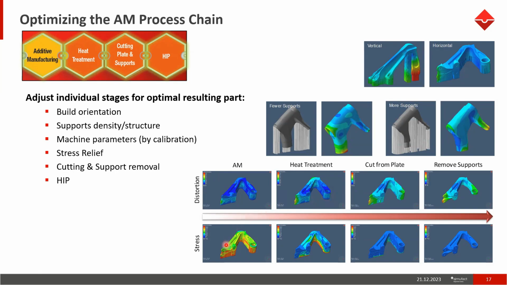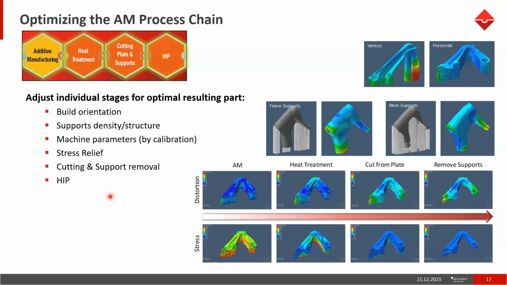Then, same as with distortion, they have shown it with respect to stress also. After heat treatment, you can see some residual stresses getting built in the part. If you don't remove the residual stresses, it can cause damage in the part when we are cutting it from the base plate, or if you are removing the support structures from the component, it can cause some problems.